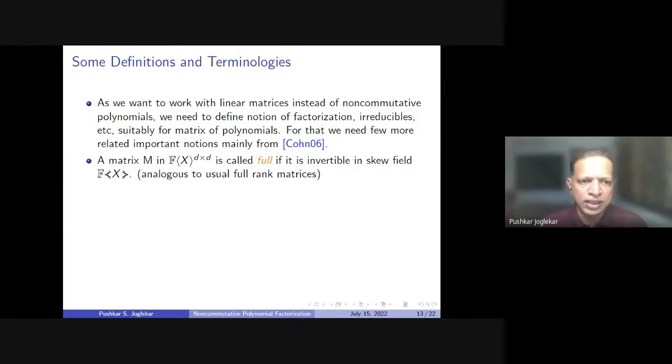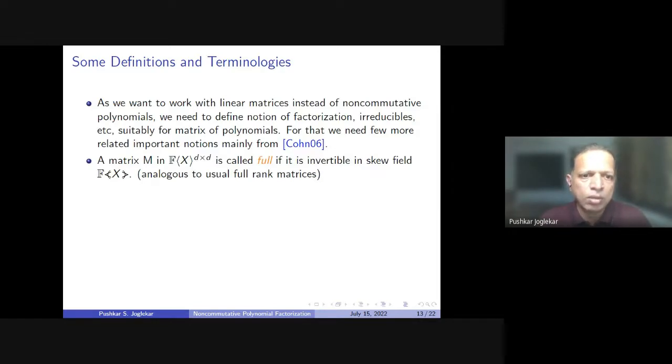Informally, the skew field is essentially the field of fractions for the non-commutative polynomial ring. It is not very easy to define because elements of the skew field do not have a canonical representation as ratios of two polynomials. But for the current purpose, it suffices to see this analogy.